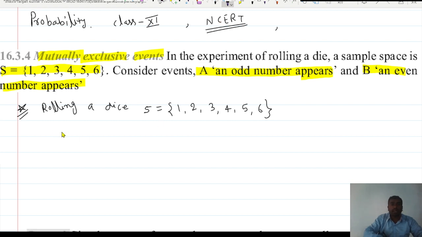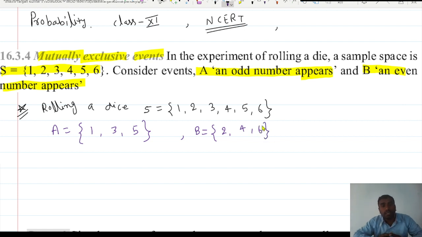A is an event where an odd number appears. What are the odd numbers? Either 1 or 3 or 5. What is event B? B is the event that the outcome is an even number, that is either 2 or 4 or 6.